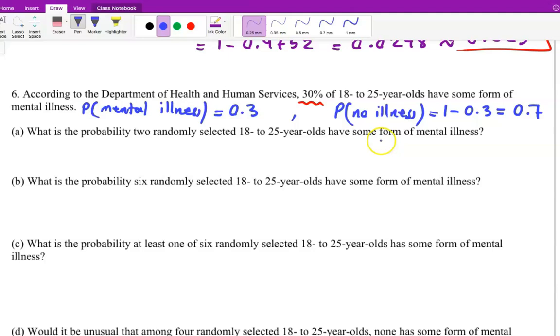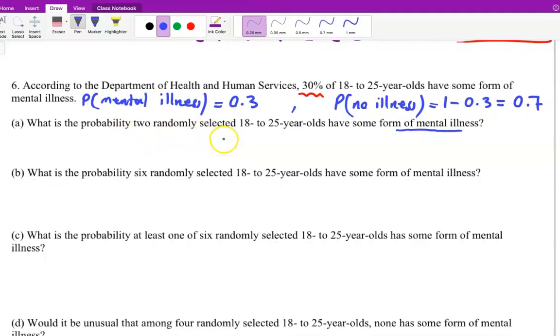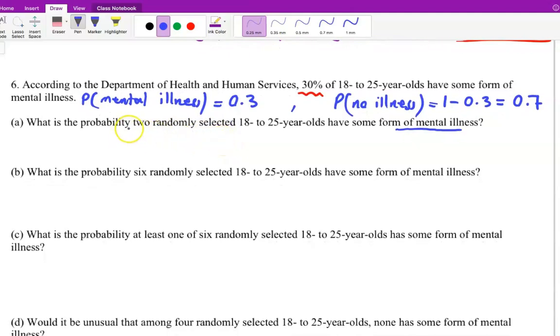Part A, so we should find the probability of that part, mental illness, and we have two randomly selected. Again, we have independent events.